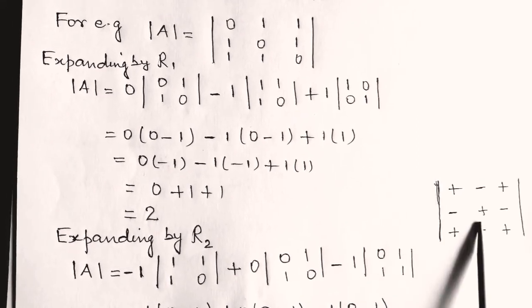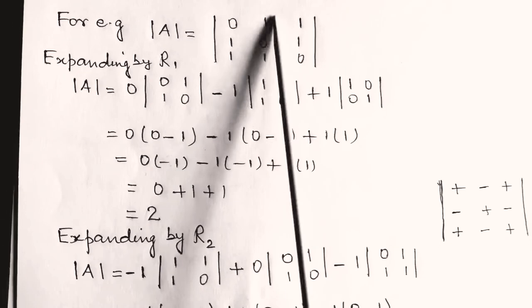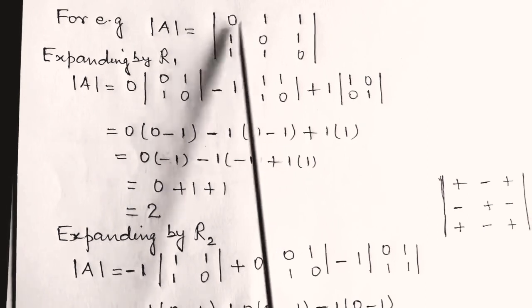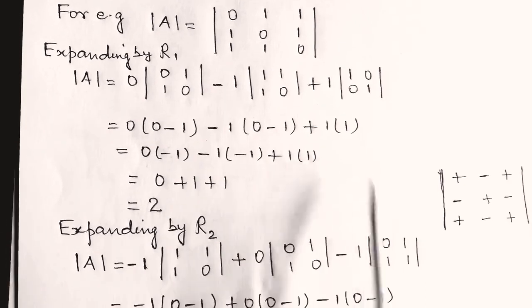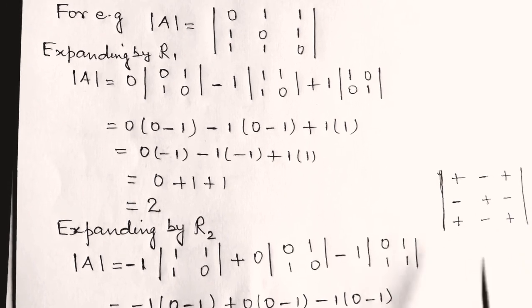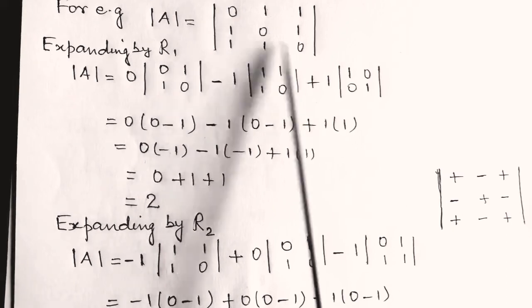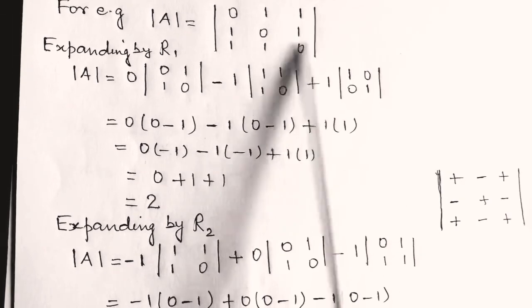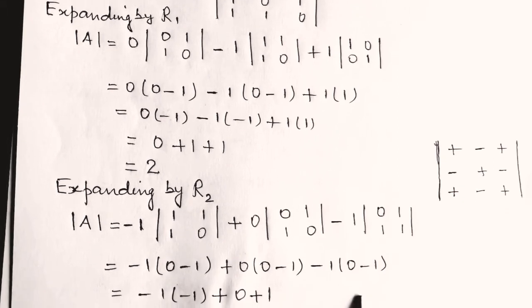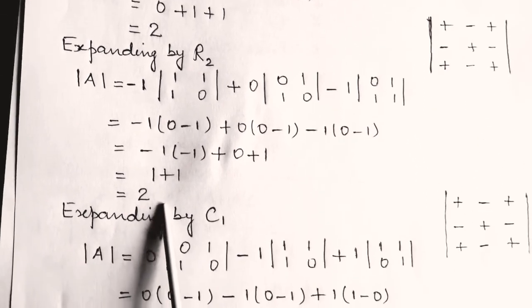Then the next sign is plus, so plus 0 multiplied by its minor, which has 0, 1, 1, 0. And the third sign is negative, so minus 1 into its minor, leaving the row and column, you have 0, 1, 1, 1. Again simplify this, and you will see that you get the value 2.